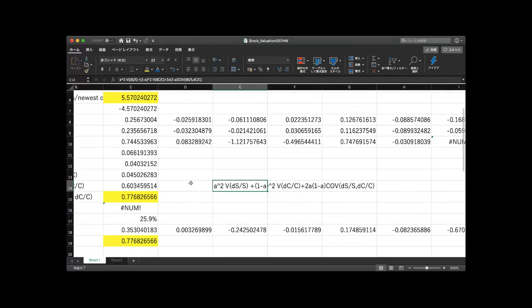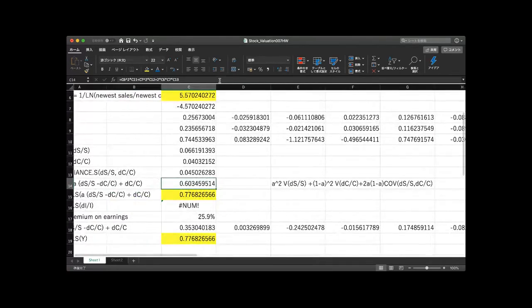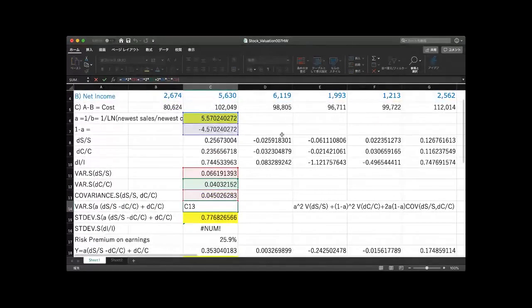And the result would be this. So A squared times variance S, and (1 minus A) squared times variance C, plus 2 times covariance times A times (1 minus A), which is 0.6. The result would be 0.6.